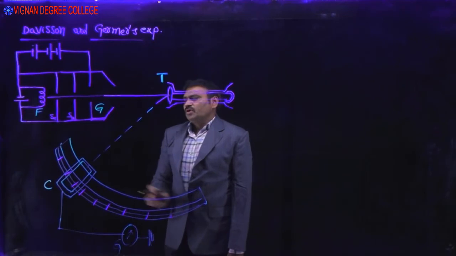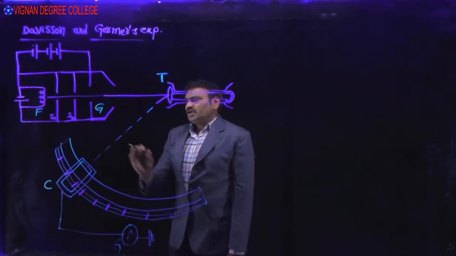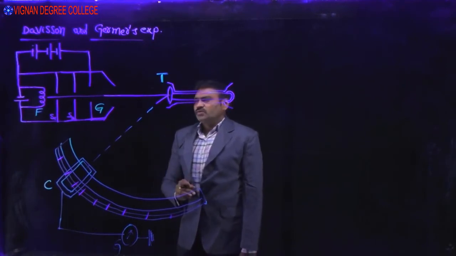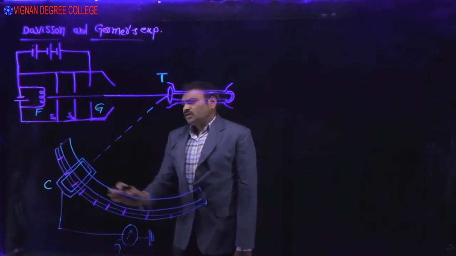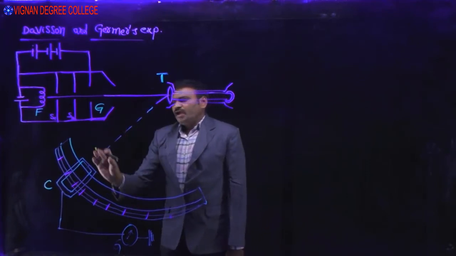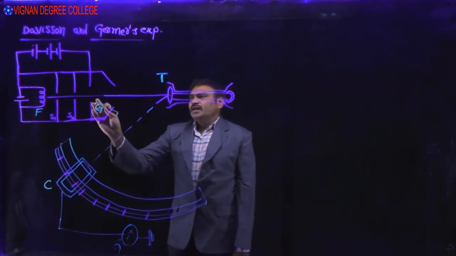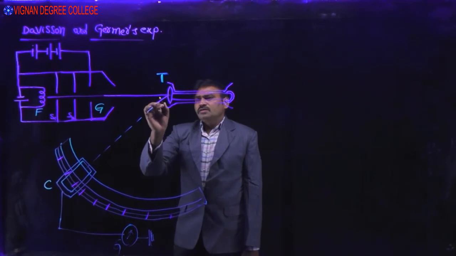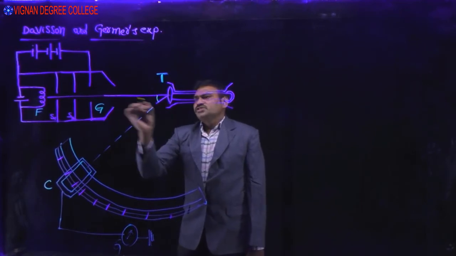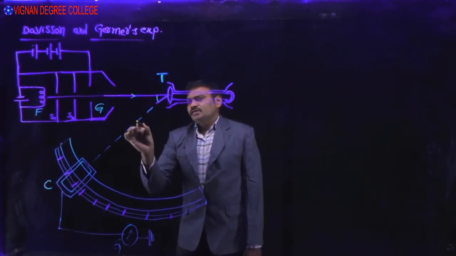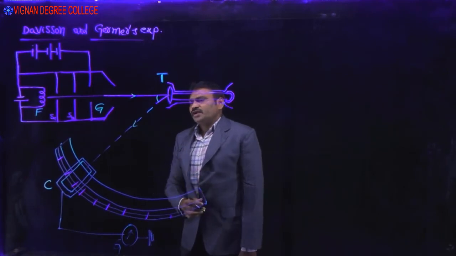For example, at 40 volts, 44 volts, 48 volts, and going on increasing, the angular distribution is measured. Angular distribution means the angle made between the incident ray and the reflected or diffracted ray.